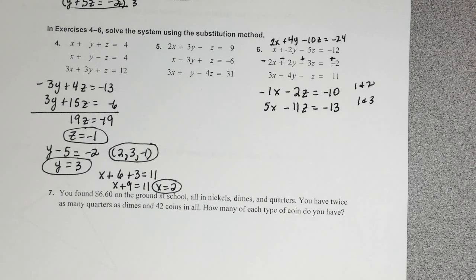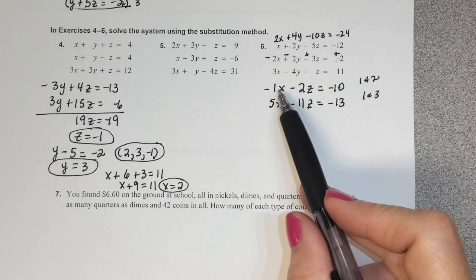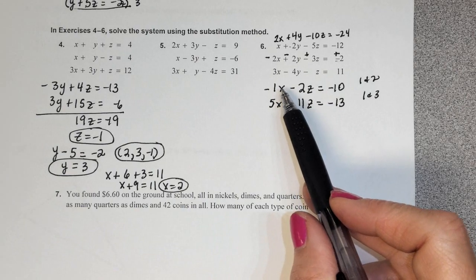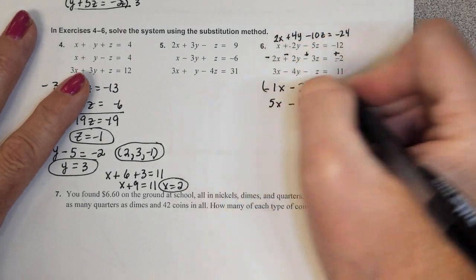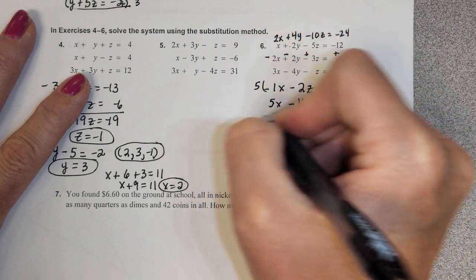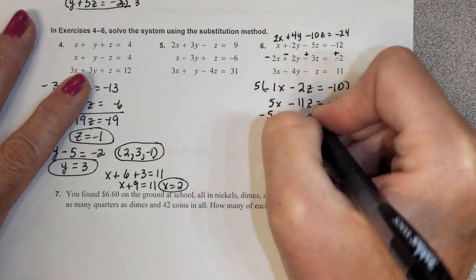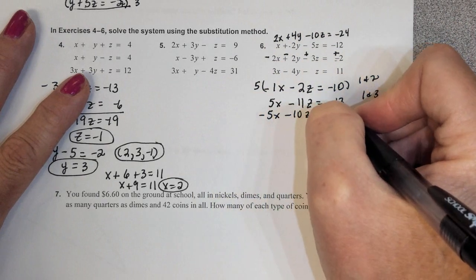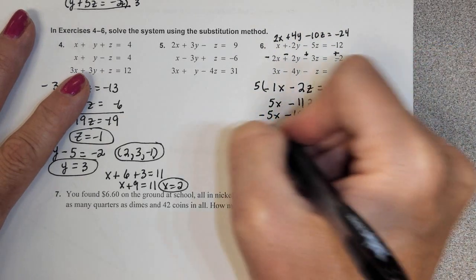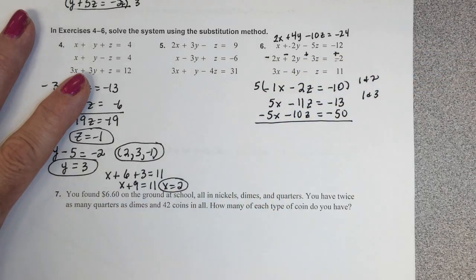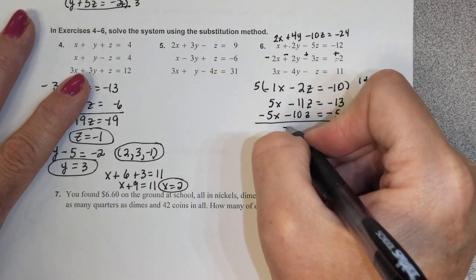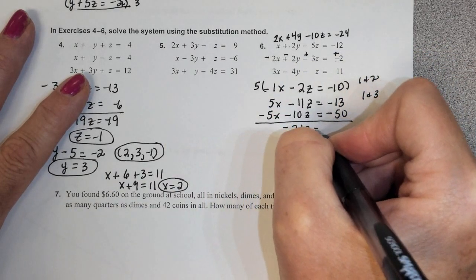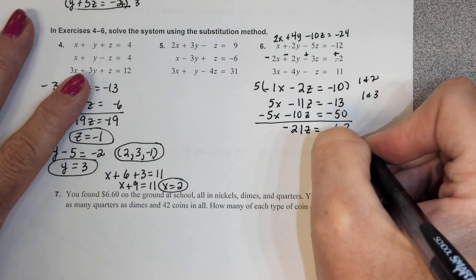Multiply the first equation now by what? I need to eliminate these x's. What am I going to multiply this by? 5. So I'm going to multiply this one by 5. Negative 5x minus 10z equals negative 50. So now I'm going to have negative 21z equals negative 63.